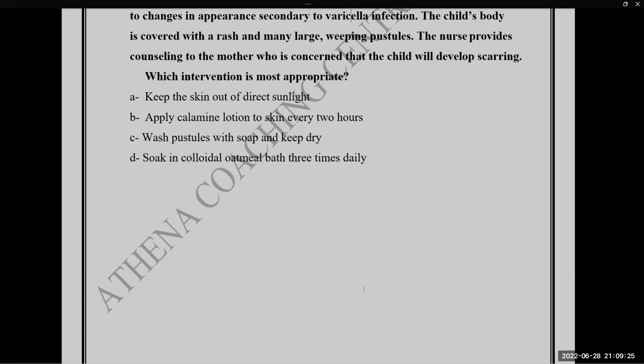So B says, apply calamine lotion to skin every second hourly. And D says, soak in a colloid oatmeal bath 3 times daily.